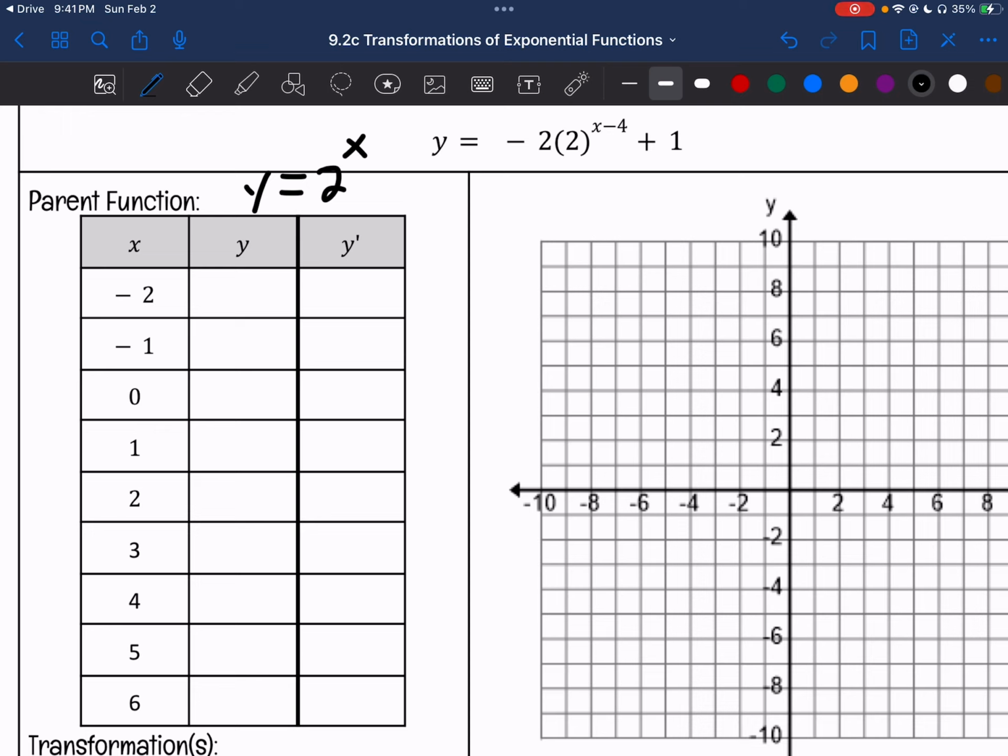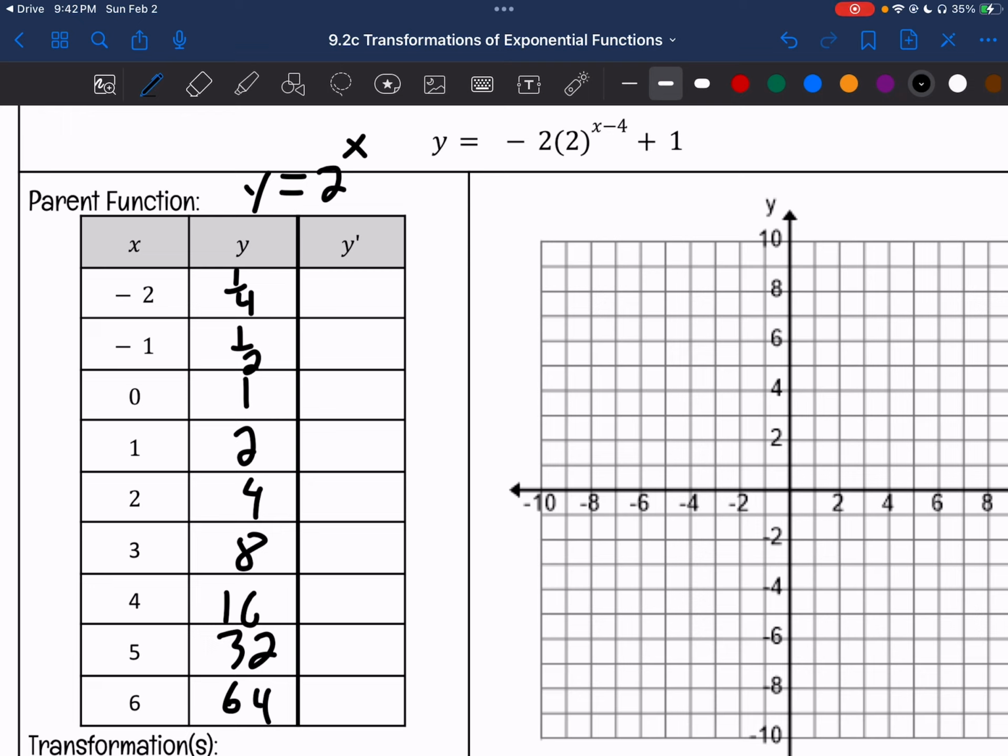We know we've got 1/4, 1/2, 1, 2, 4, 8, 16, 32, 64. Now, can you graph half of these points? No, you can't. But we're going to graph what we can.